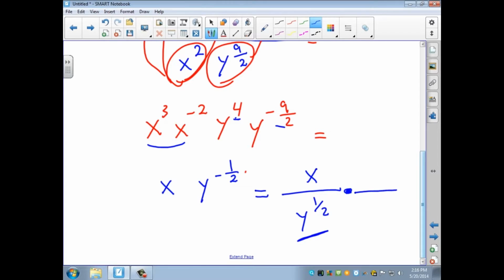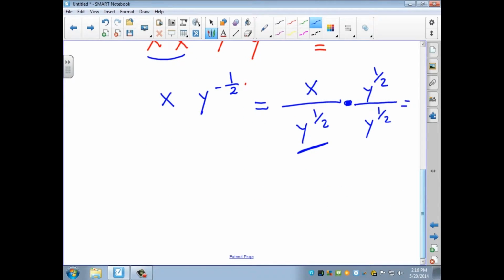You multiply both numerator and denominator by y to the 1/2 and y to the 1/2. So it would be equal to the numerator, h times y to the 1/2. Again, instead of y to the 1/2, you write square root of y.